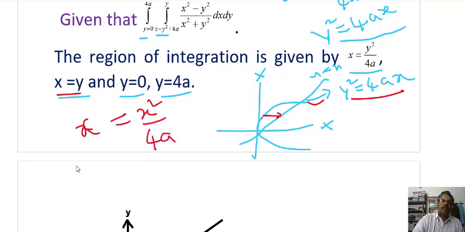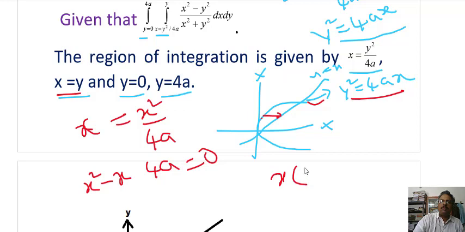Taking to the left hand side, x square minus x into 4a equals to 0. Taking x common in these two terms, you get x into (x minus 4a) equals to 0.